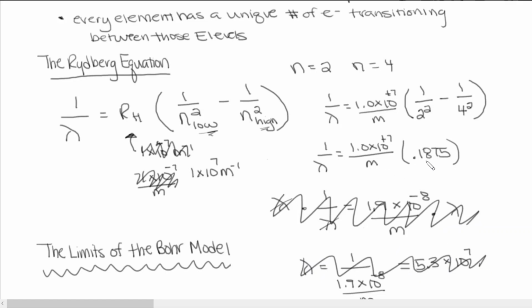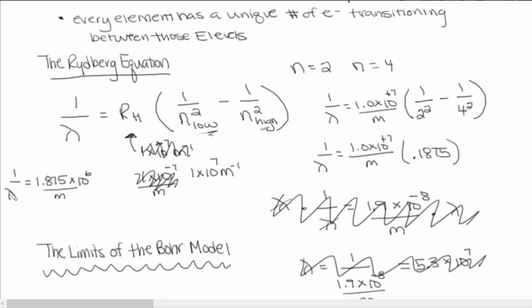All right, this number times 1 times 10 to the positive 7th is equal to, so we'll go over here, 1 over lambda is now equal to 1.875, or 1.9, times 10 to the 6th. There we go. And this is again over meters.